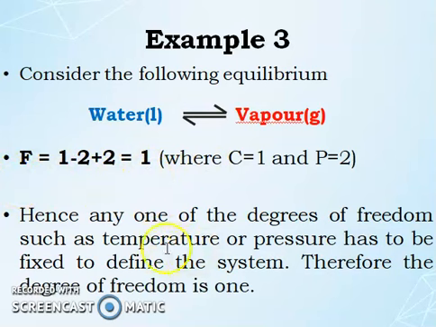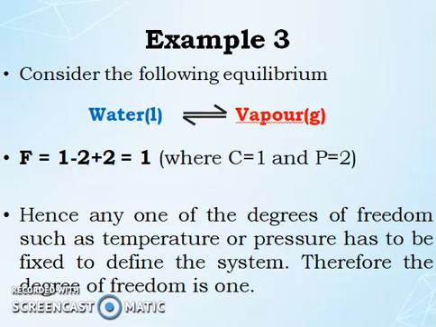So you have to specify temperature and pressure to define the system clearly because it is univariant. At 100 degree, the water won't boil unless you express the temperature and pressure to define that particular system.